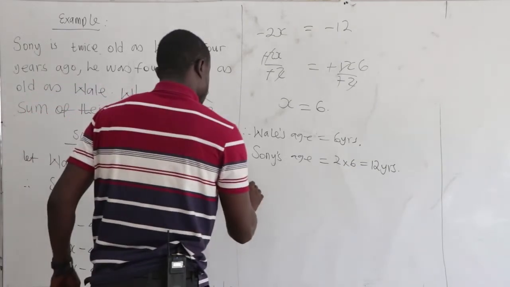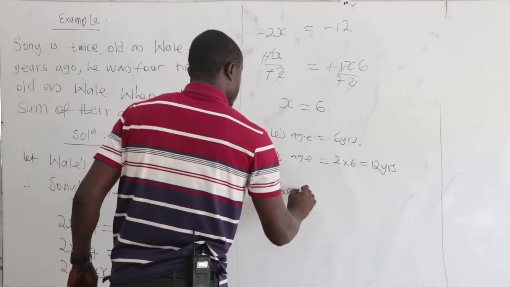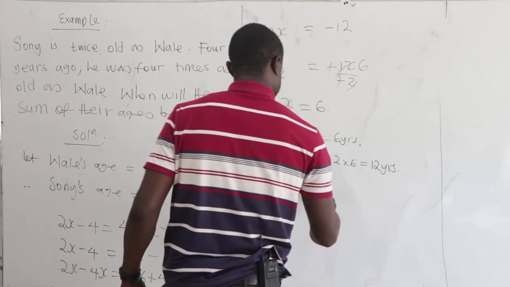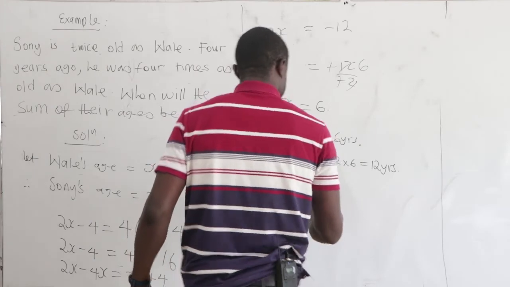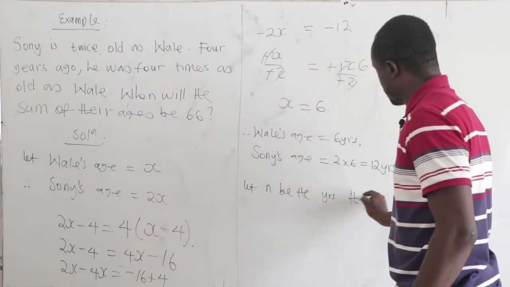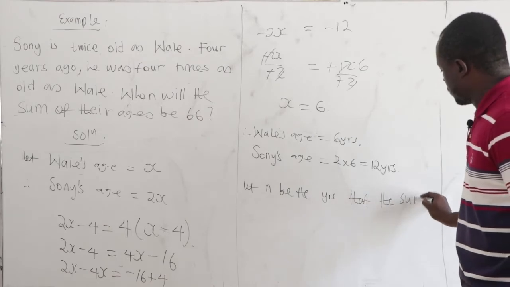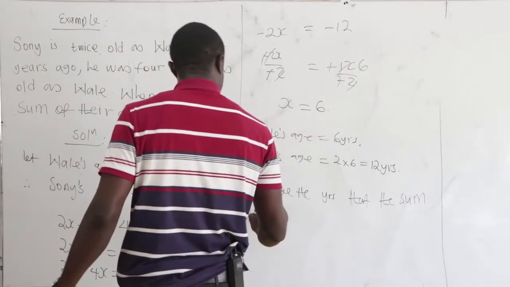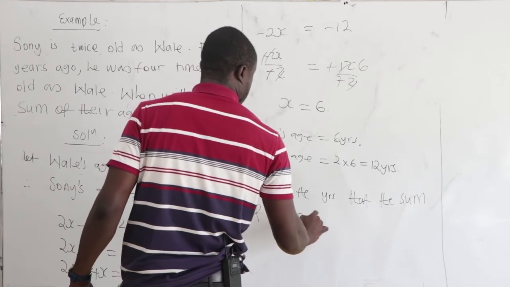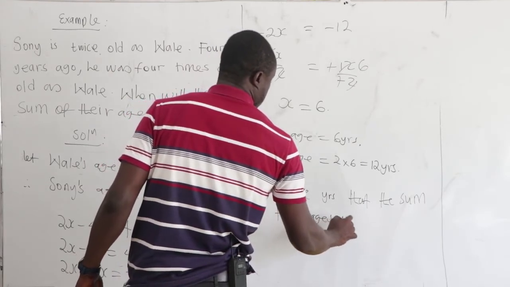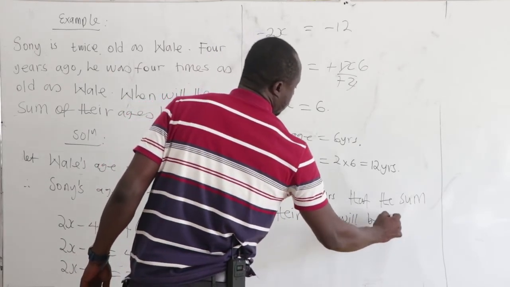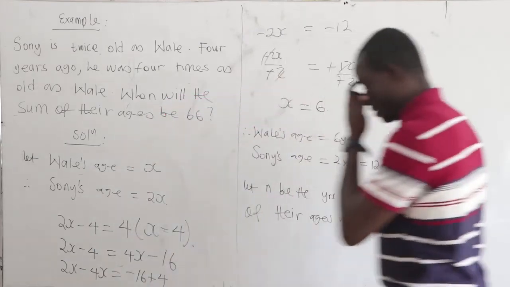So you can say that let n be the number of years that the sum of their ages will be 66.